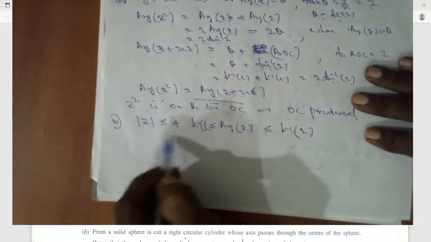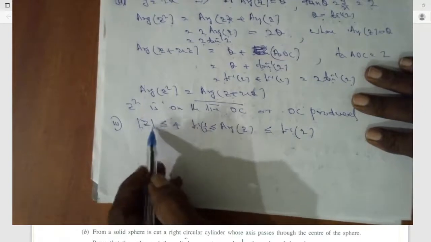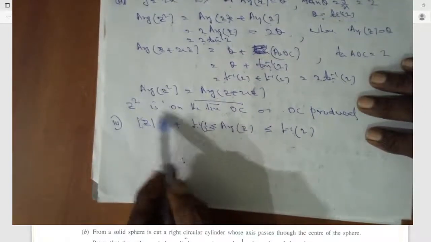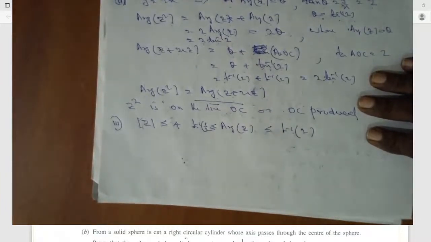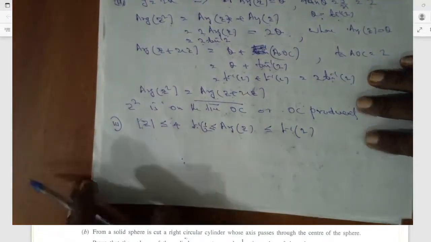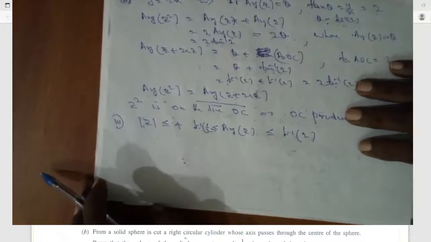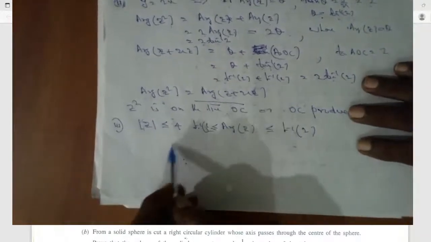This is a circle, the interior of a circle including the circumference of the circle, because this is less than or equal to 4, no? And the equal sign is also there everywhere, right? So how do you sketch the diagram?